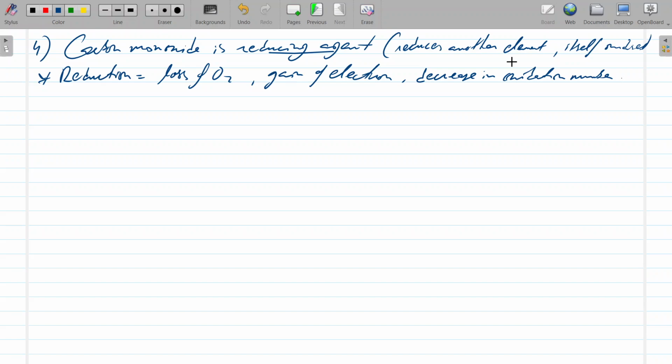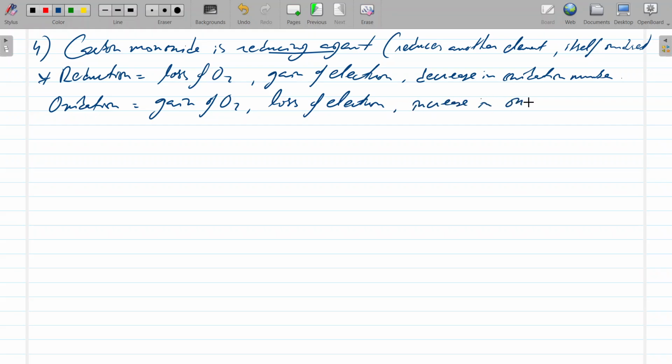There's a fourth thing as well, but I don't want to confuse you. Oxidation is a gain of oxygen, loss of electrons, increase in oxidation number. So a reducing agent causes reduction, and itself is oxidized.